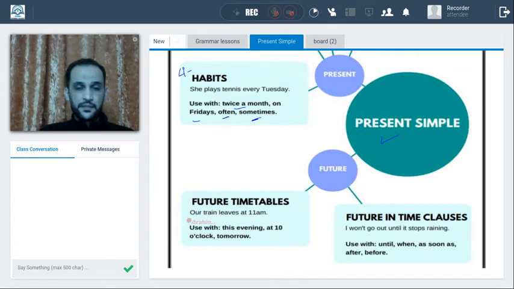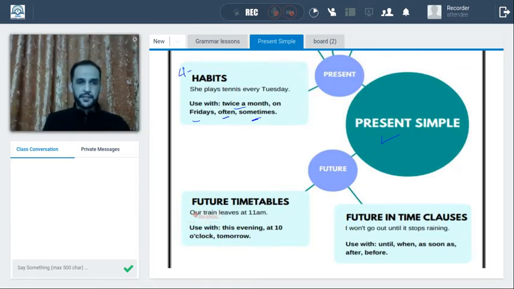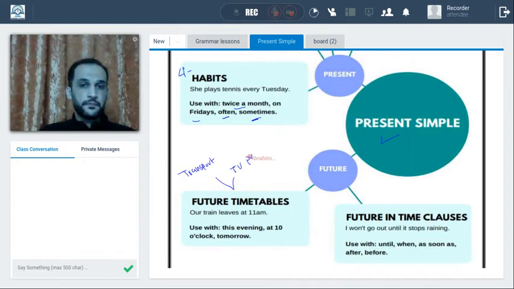This is a timetable, and I can use the present simple. The timetable can be used with transport, with TV programs, and classes.